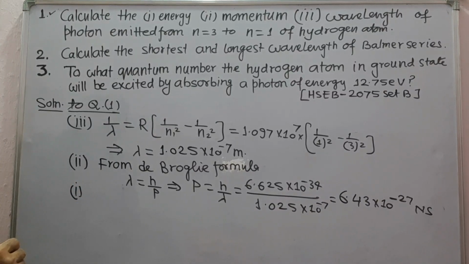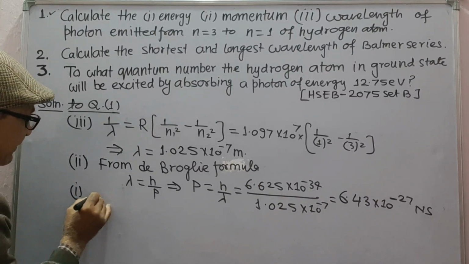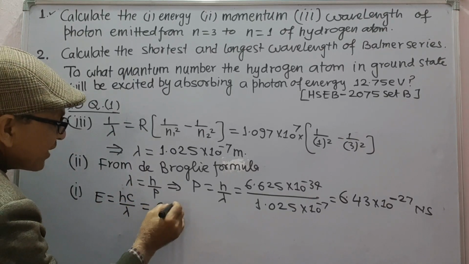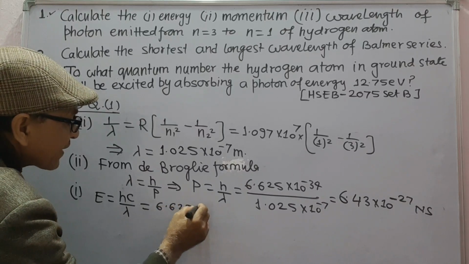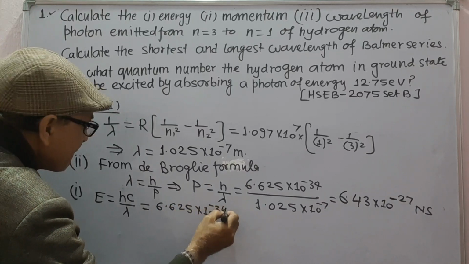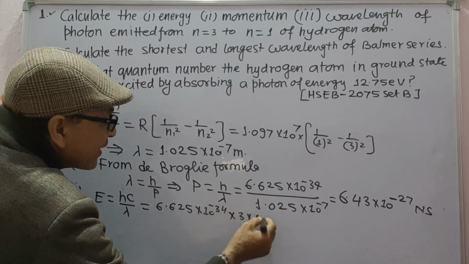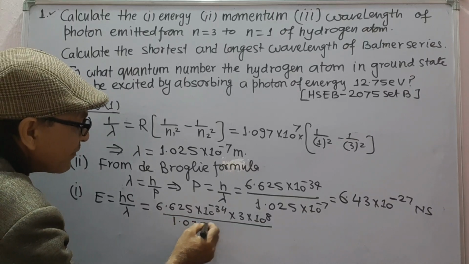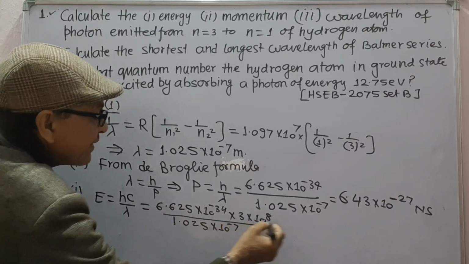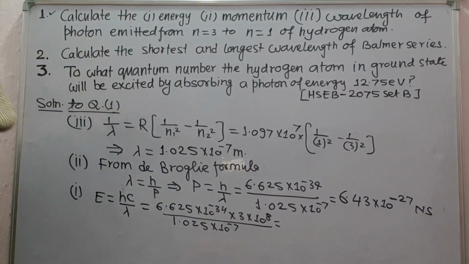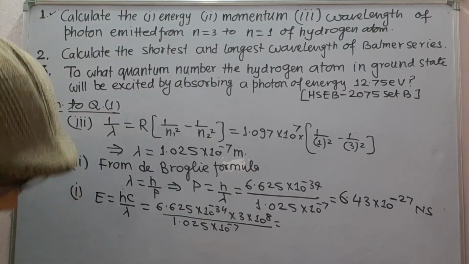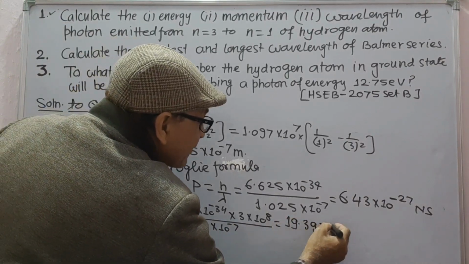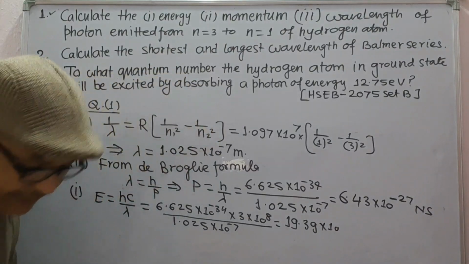And now come to the first part. We have to find the energy. Energy E will be equal to hc upon lambda. h is 6.625 into 10 to minus 34, c is 3 into 10 to power 8, and lambda is 1.025 into 10 to minus 7. On simplification we get the energy as 19.39 into 10 to minus 19 joule.